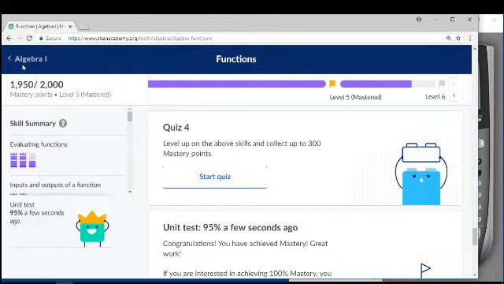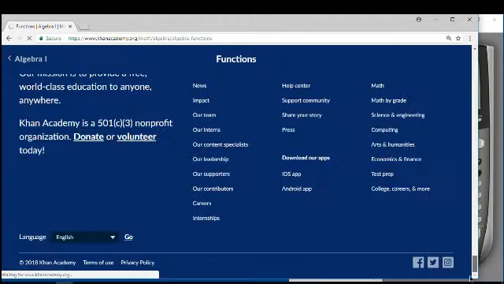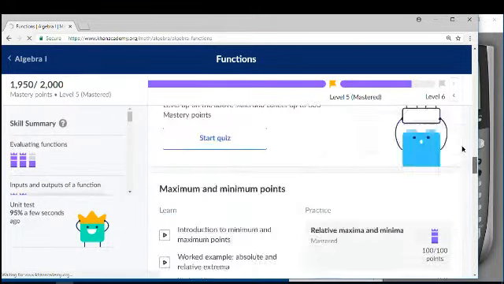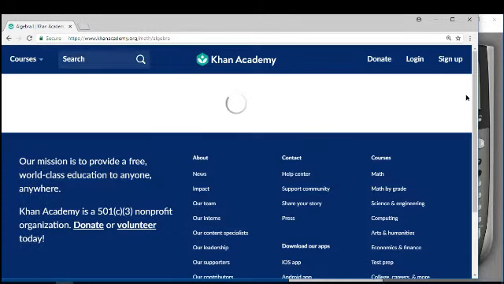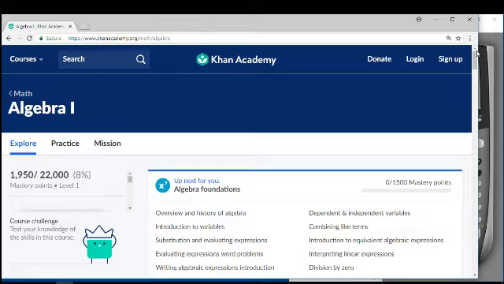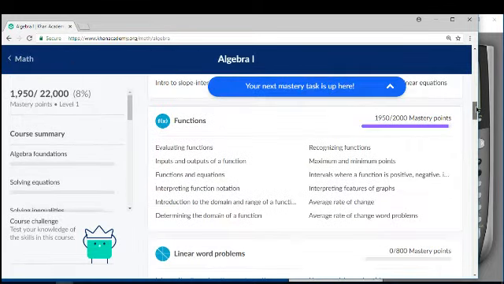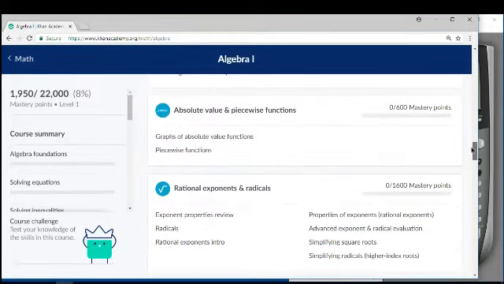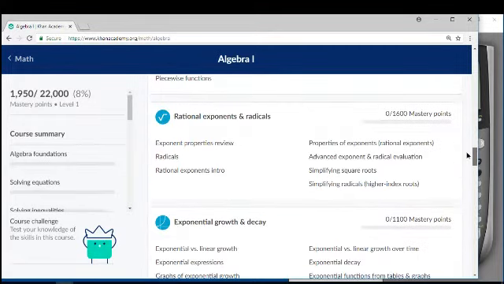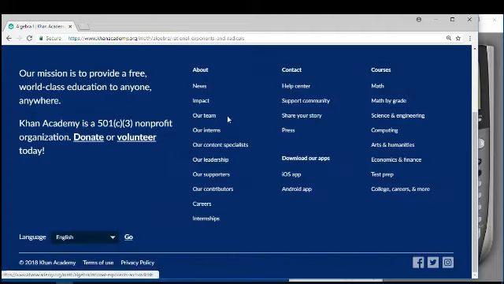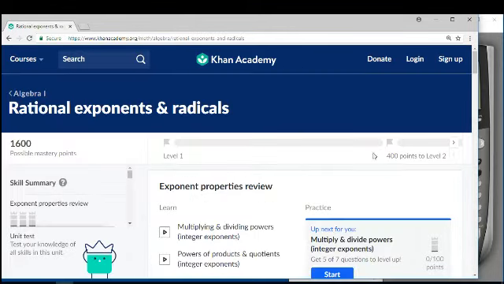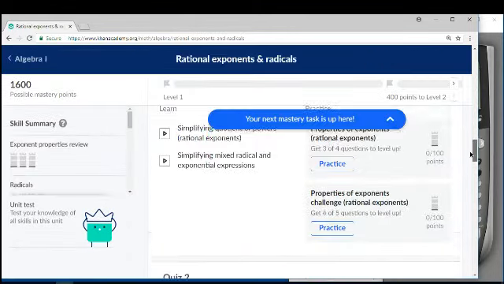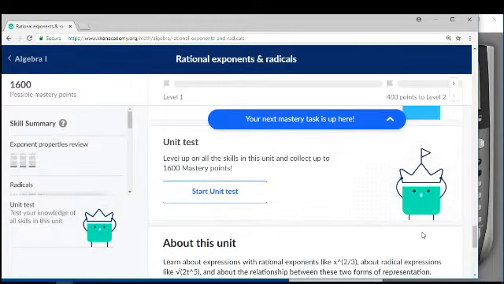So now the next module that we need to master, all right, so that's functions. And now let's look at rational exponents and radicals. All right, so we got to get mastery again. So I'm just going to go straight to the unit test.